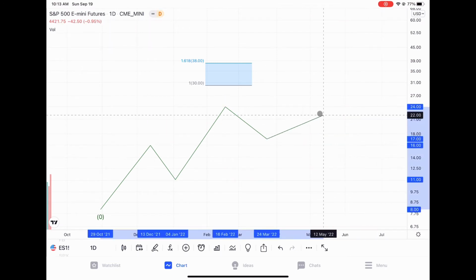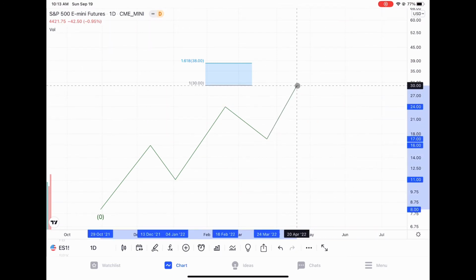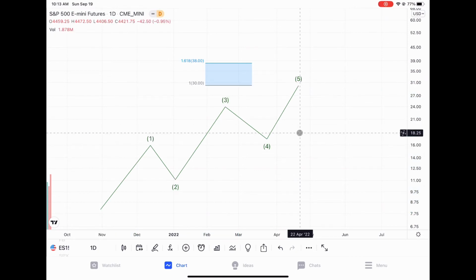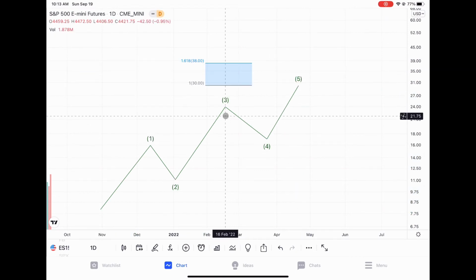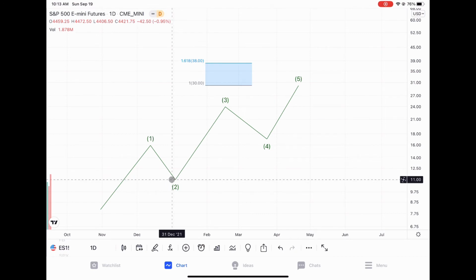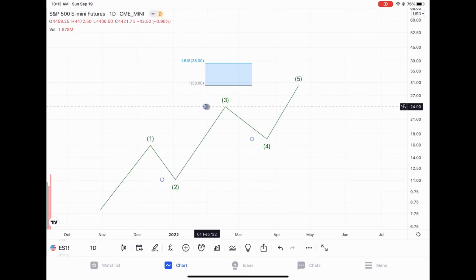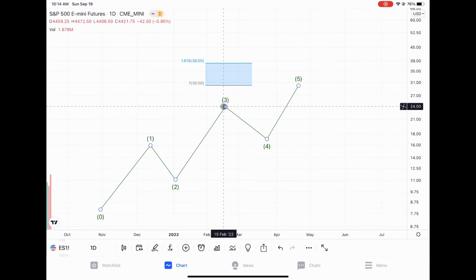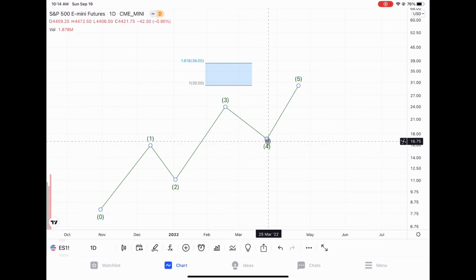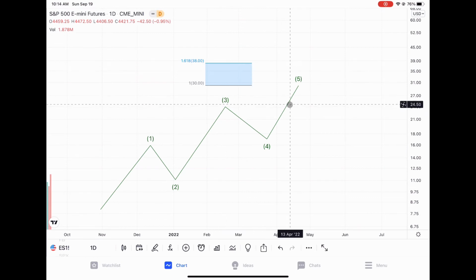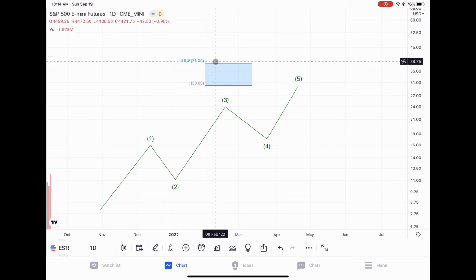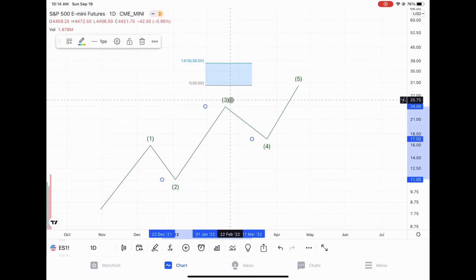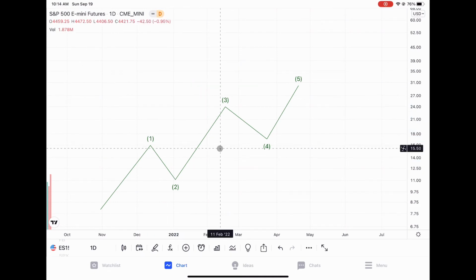At around $30 is where, according to theory, it'll land. So 5, I call it even. 1 and 5 is usually even, so 1 to 1. Like I said, bottom of 2, top of 3, and around the bottom of 4 is where 5 will land. Let me clear that up right there.